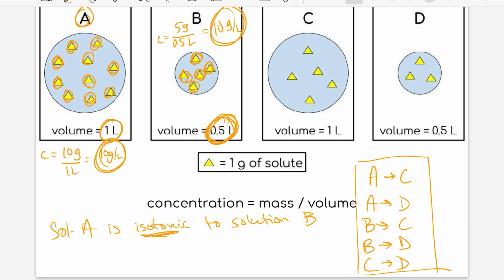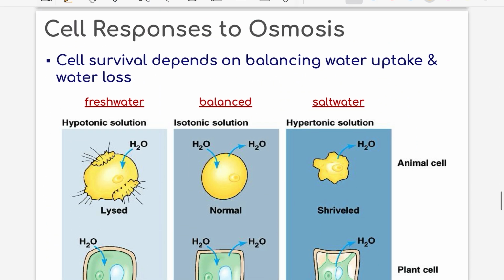Solution 1 is iso, hyper, or hypo to solution 2. So compare one solution to a second solution. All right.